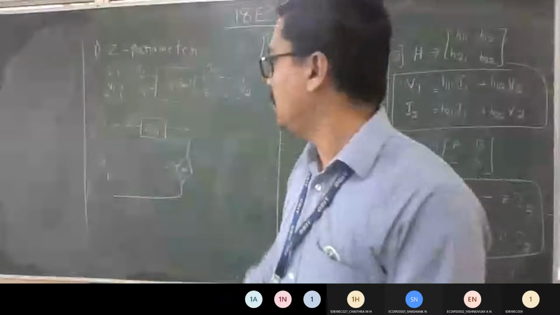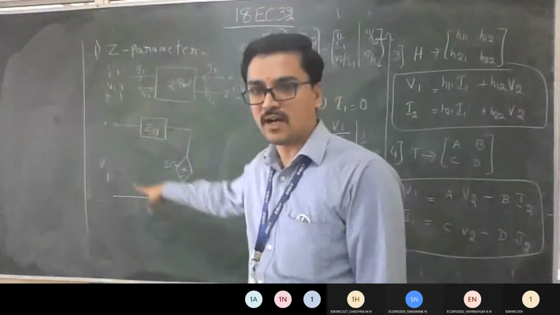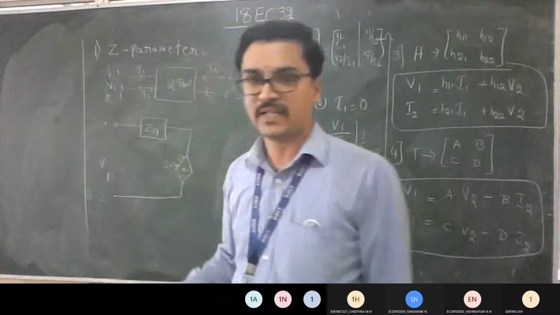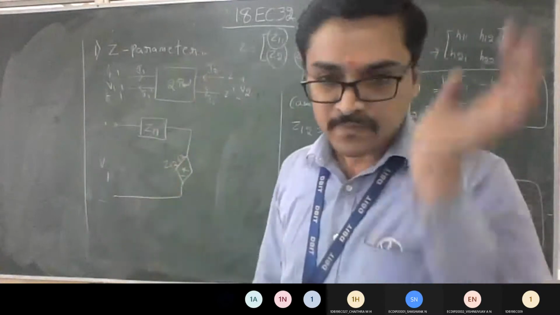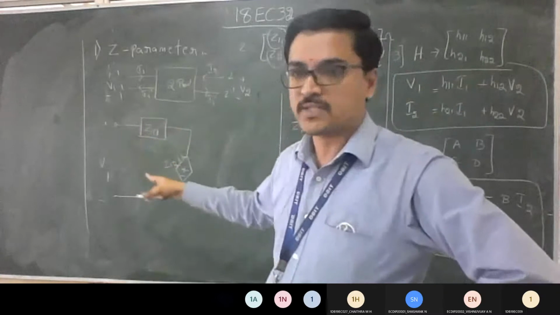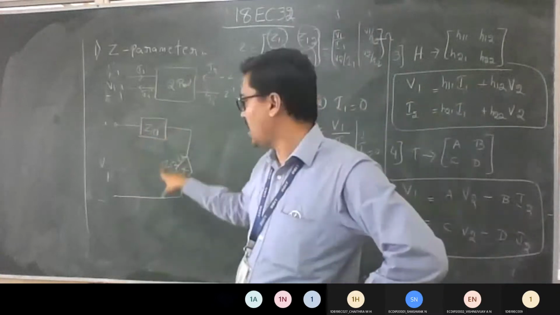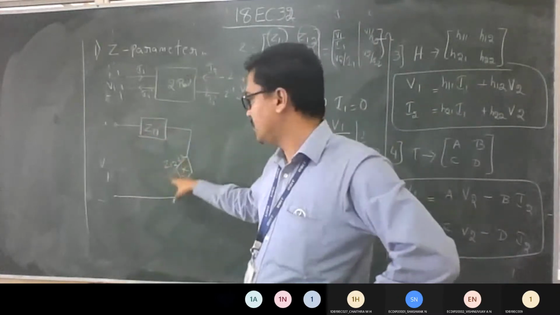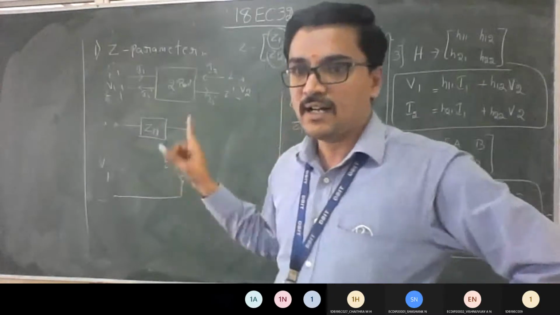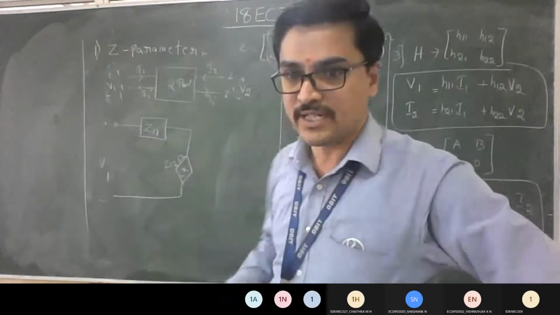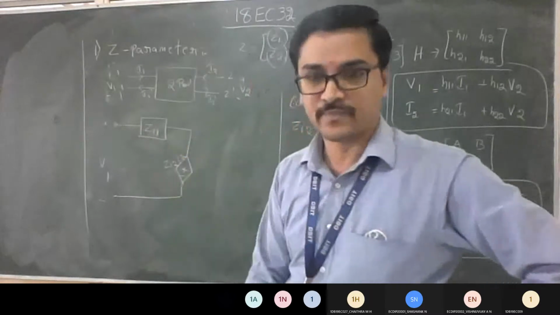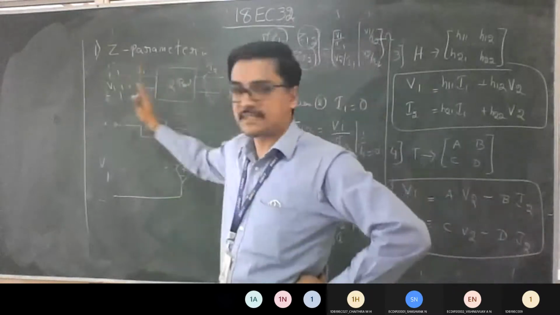Always remember, whenever you write towards the input side, it depends on the second current, that is I2. So whenever you write the equivalent circuit towards the input side, Z11 is in series with a voltage source Z12 I2, and it is a dependent voltage source. It depends on current, so it is a current-dependent voltage source.